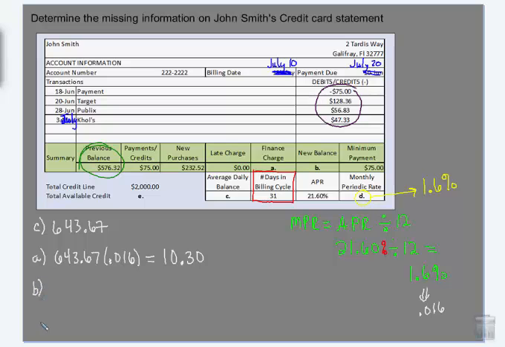Now I can find my new balance. To find the new balance, I take the previous balance, subtract the payment, add the new purchases, and add the finance charge, because there is no late charge, so there's nothing to add there.